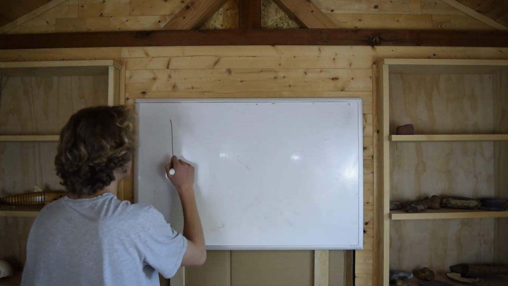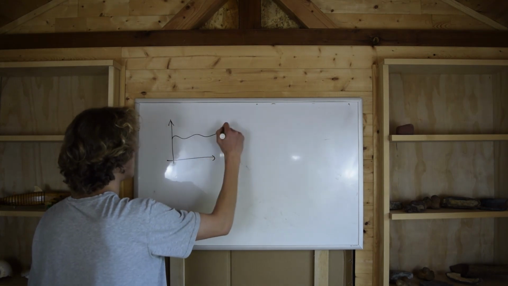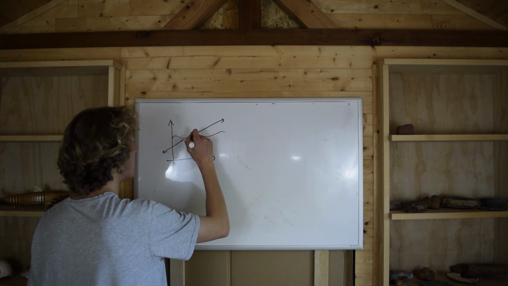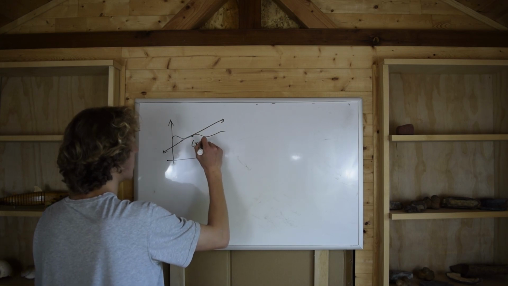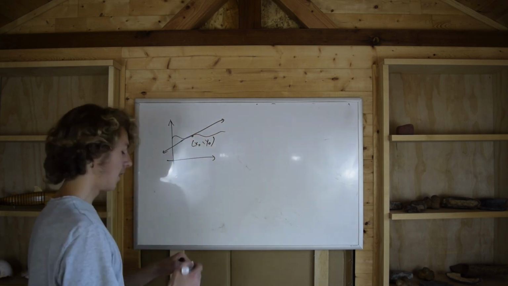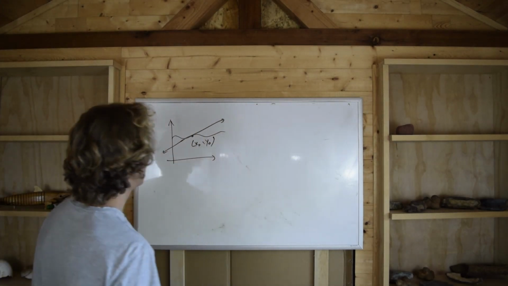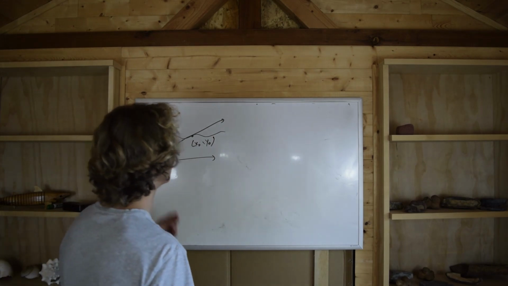So in 2 dimensions, we're very used to, let's say this is a curve, a tangent line at some point, and let's call this point x naught, y naught. And the slope of the tangent line is the slope of our point. That's very important.